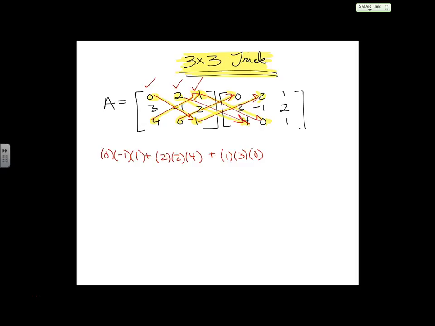Yeah, I'm going diagonal. That's main, main, main, minus opposite, starting at the 4: 4 times negative 1 times 1, plus 0 times 2 times 0, plus 1 times 3 times 2. And I've gotten opposite, opposite, opposite.